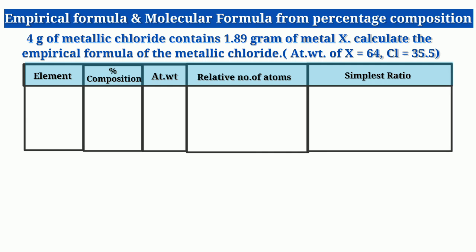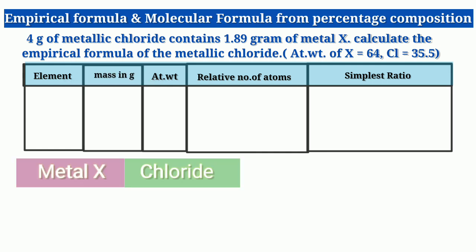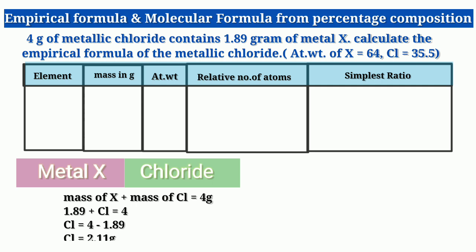We will change percentage composition to mass in gram. 4 gram of metallic chloride contains 1.89 gram of metal X. So remaining part is chloride. So we can write mass of X plus mass of chloride equals to 4 gram. 1.89 plus chloride equals to 4, or chloride mass is equals to 4 minus 1.89, which comes to 2.11 gram.